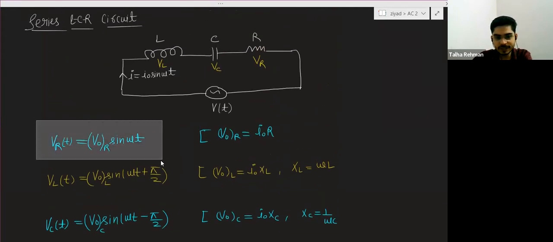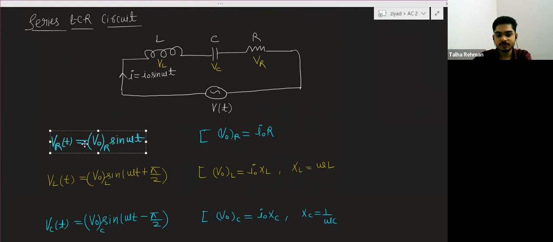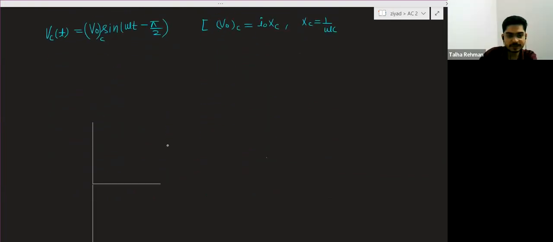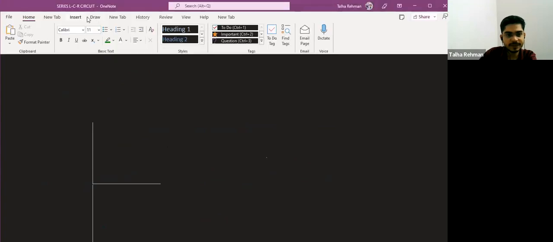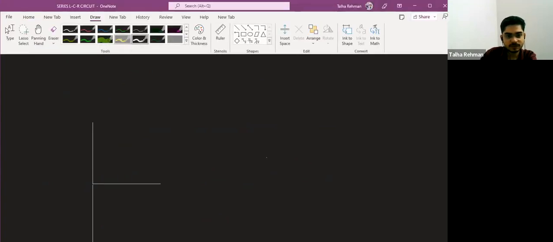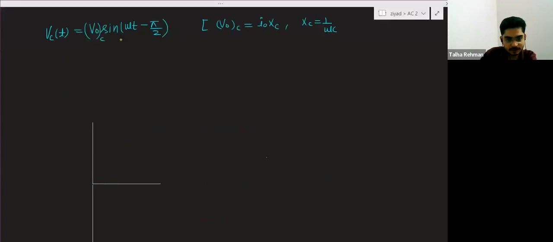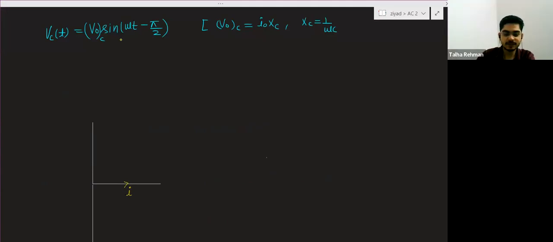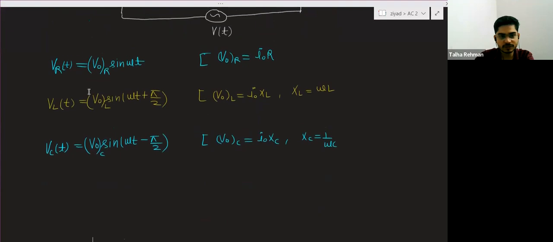This is the voltage across the resistance. If I say that the current is in this direction, I, this is the current I. So what will you say is the direction of the voltage across the resistor?